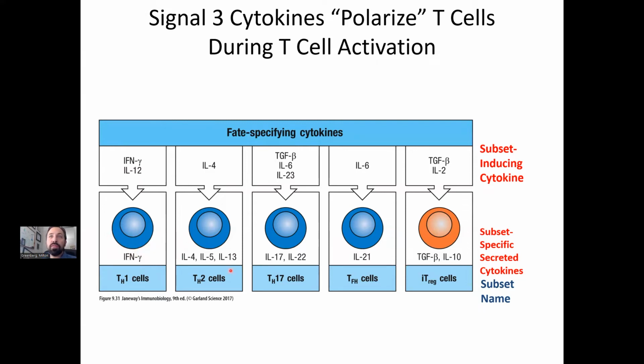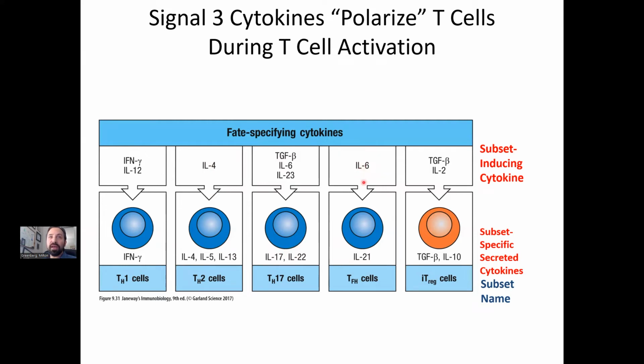Or we're dealing with a worm, a parasite, so you need to start making a lot of IL-4, IL-5, so we can start dealing with that parasite. In addition, it could say, hey, we have a lot of extracellular bacteria or fungi, so you need to start making a lot of IL-17 to turbocharge our epithelium and activate our neutrophils to go out and kill that specific thing.